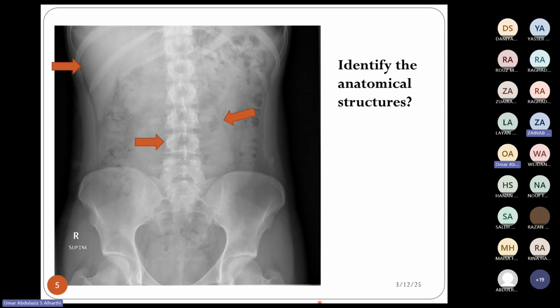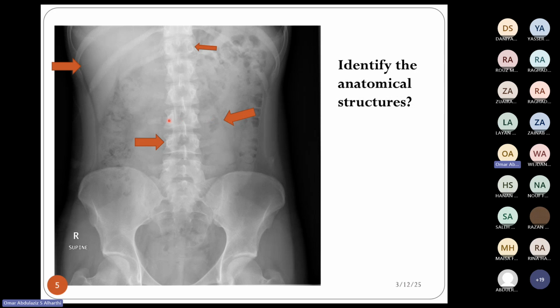Vertebral body, right? What is this circle? What is the name of this circle? Here, here, here, here, on both sides. Transverse process. No, this line is the transverse process.